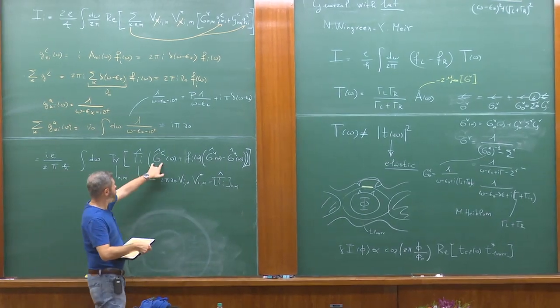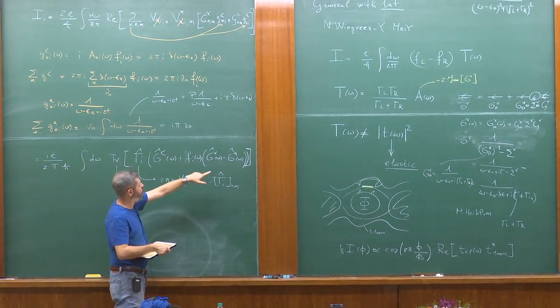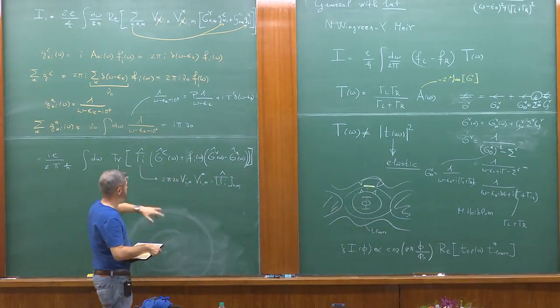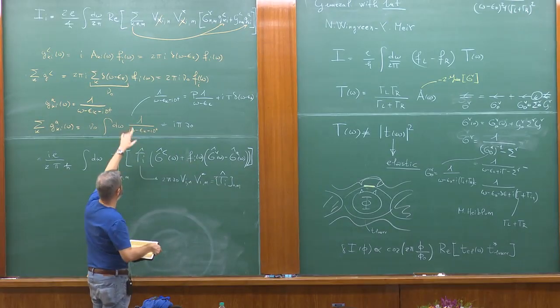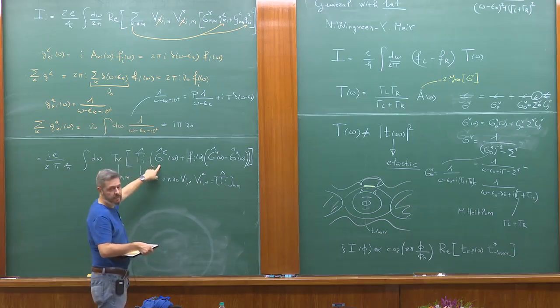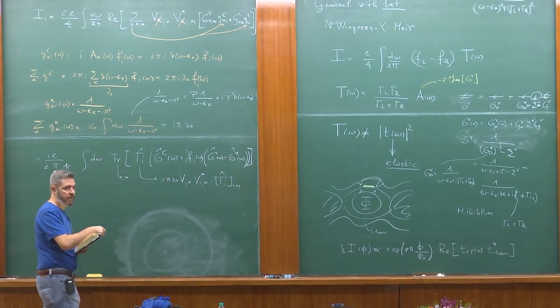Now, these ones are the Green functions, G retarded, G lesser or G advanced, n m, those matrices. This is the Fermi distribution, and you can easily prove that what I wrote there using this definition and these formulas here is identical to this. It's just simple algebra.